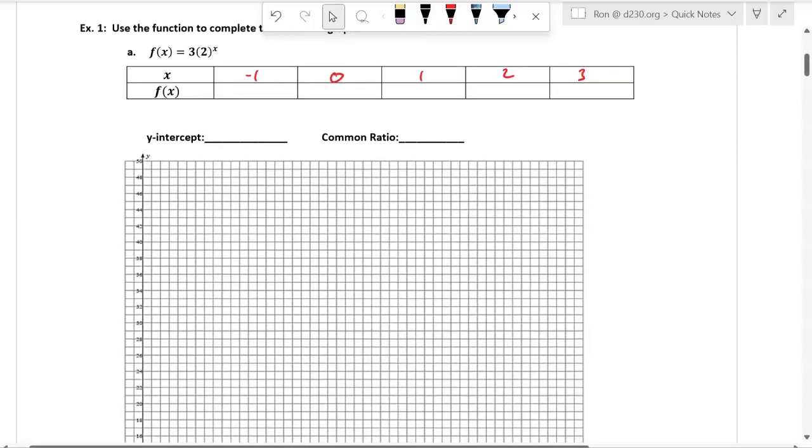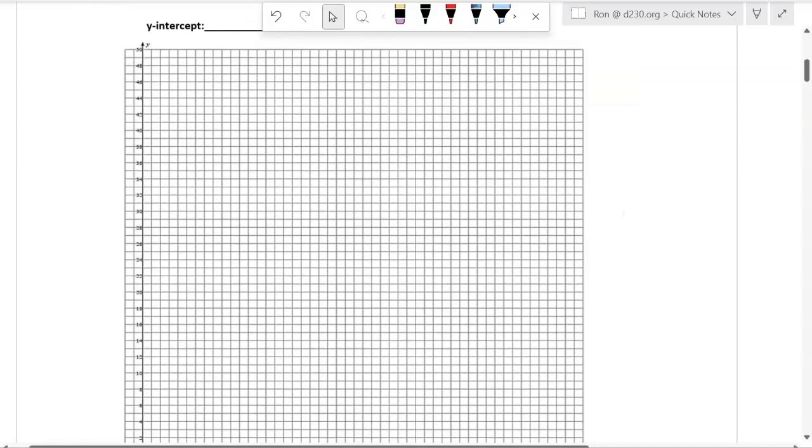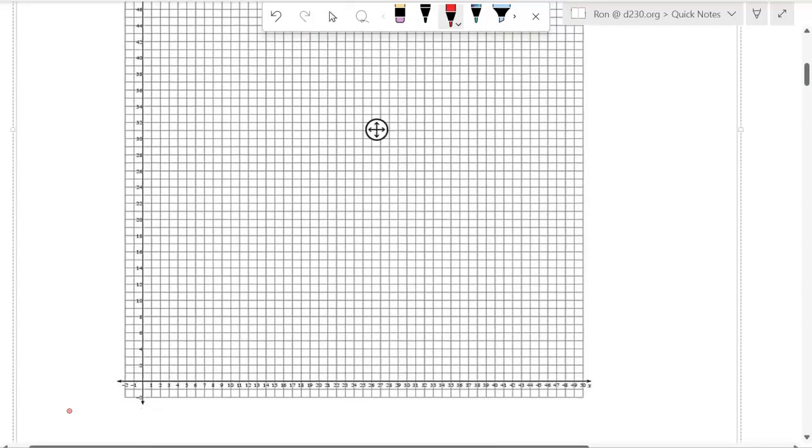The first thing we're going to do is plug 0 in: 3 times 2 to the 0 power. In the calculator, that's going to give you 3 times 1, which is 3. So I'm going to plot 0, 3.